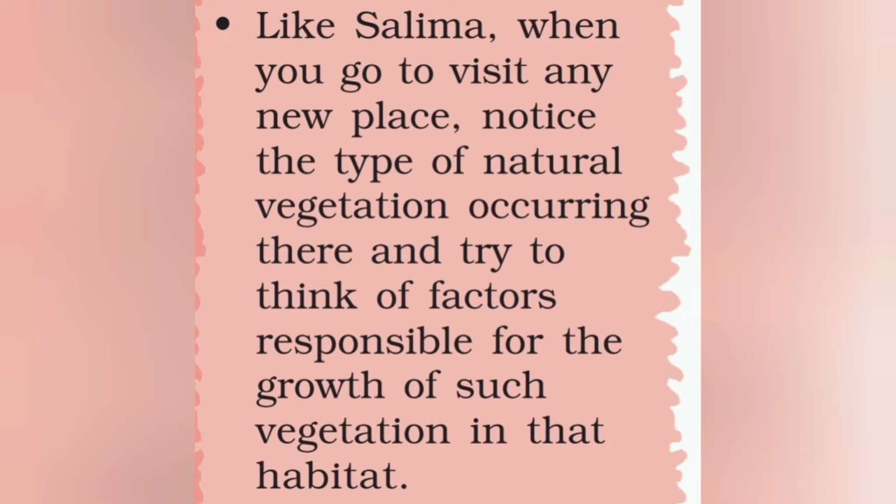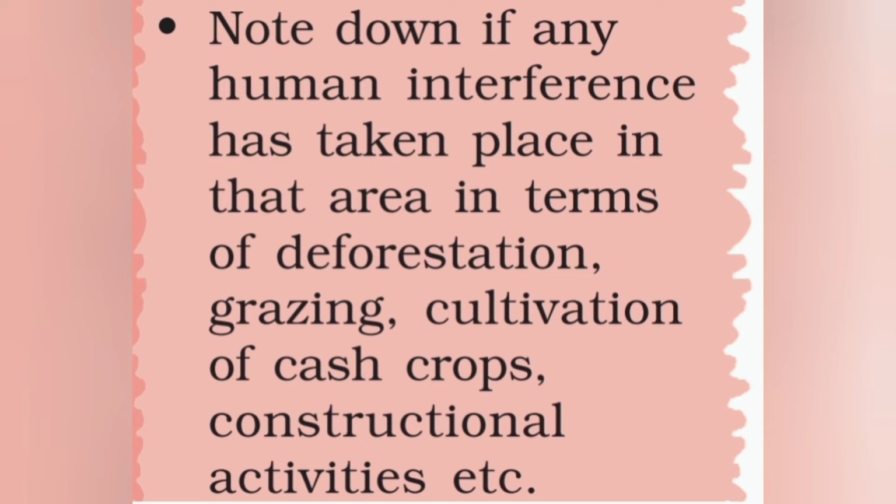Like Salima, when you go to visit any new place, notice the type of natural vegetation occurring there and try to think of factors responsible for the growth of such vegetation in that habitat. Note down if any human interference has taken place in that area in terms of deforestation, grazing, cultivation of cash crops, constructional activities, etc.